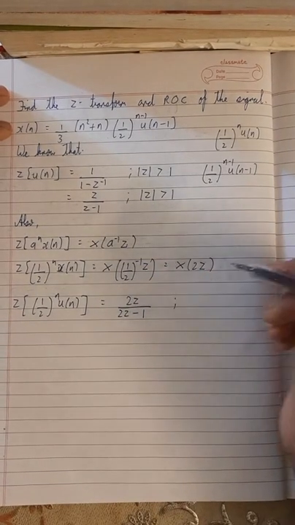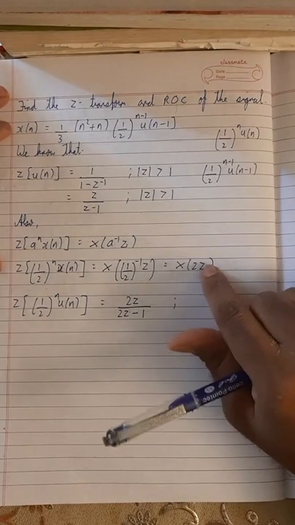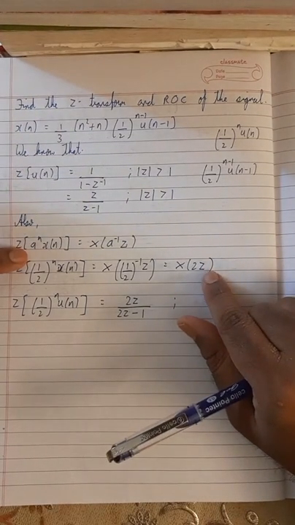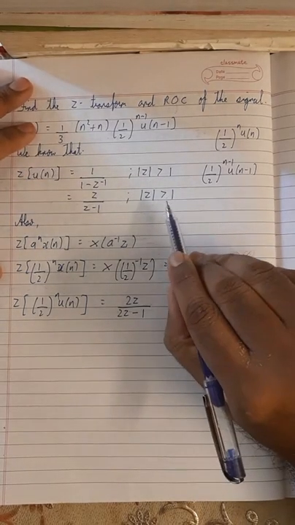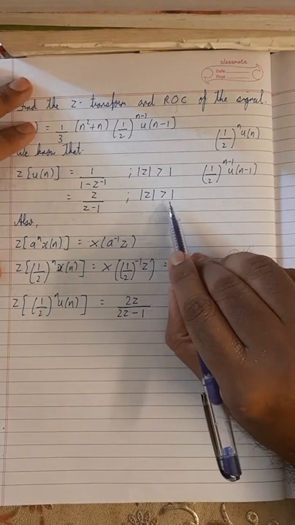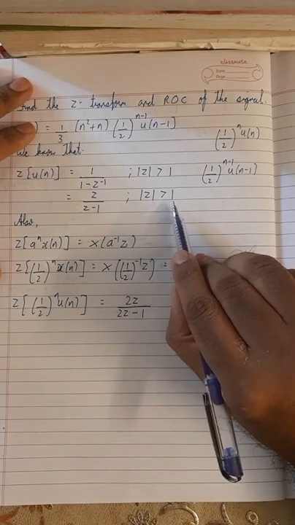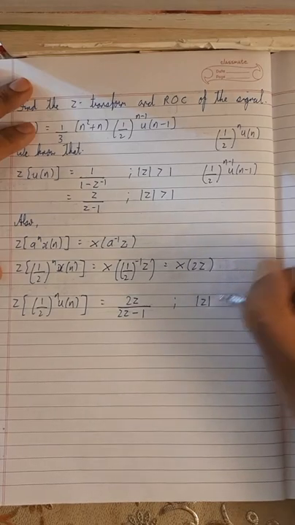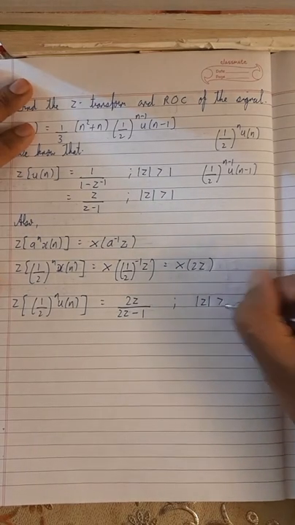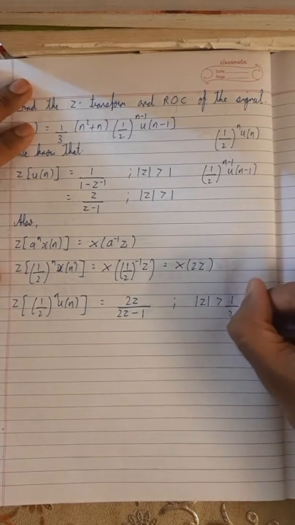And what about your ROC? Here the value of a is 1 by 2. If you apply the multiplication sequence to x of n, the ROC will be multiplied by a. The original ROC is magnitude of z greater than 1, so 1 into a is 1 by 2, which means the ROC is magnitude of z greater than 1 by 2.